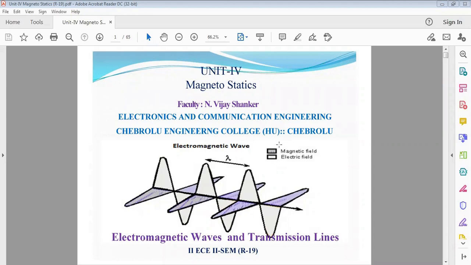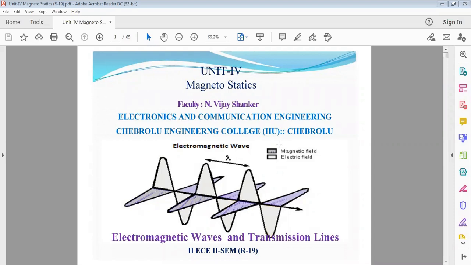Today, we are going to discuss the magnetic field intensity due to the infinite line charge.